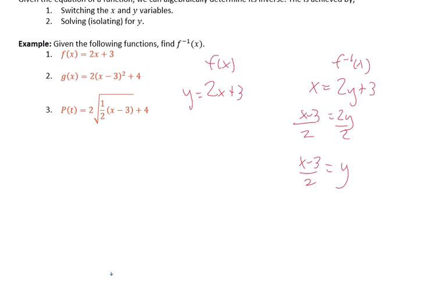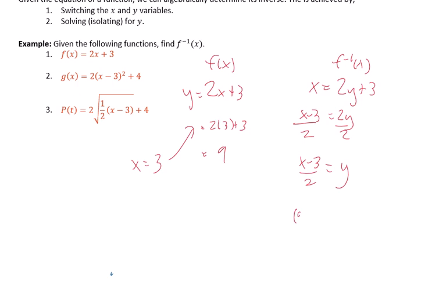Now let's actually test that for a minute here. Let's say x equals 3. We plug that in here, we get 2 times 3 plus 3, and that gives us 9. Okay, let's plug 9 then into our inverse.